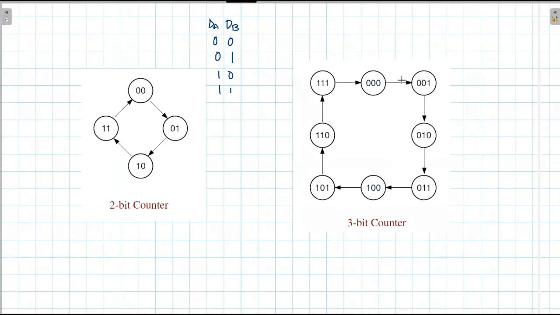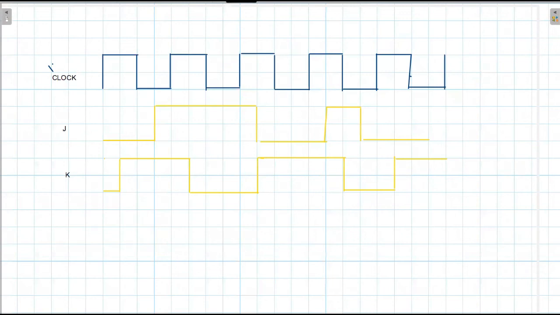Similarly for a 3-bit counter, it will start from here or any state and it can count in this particular sequence. So that's just a brief definition of your counter.